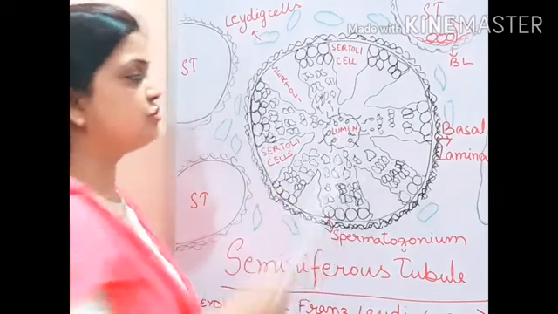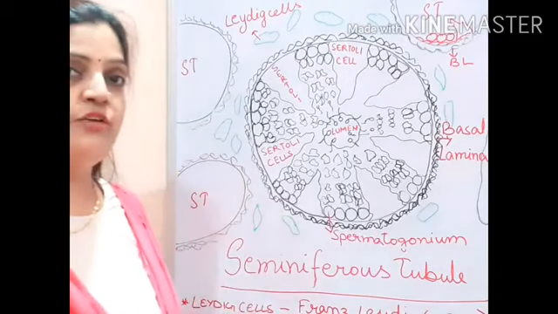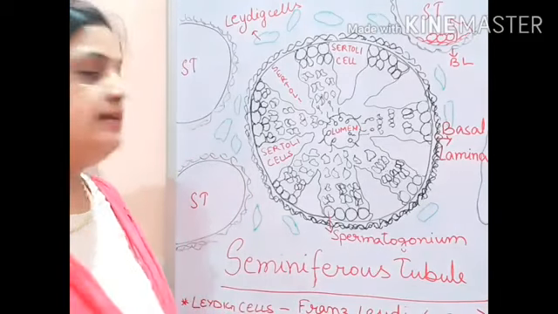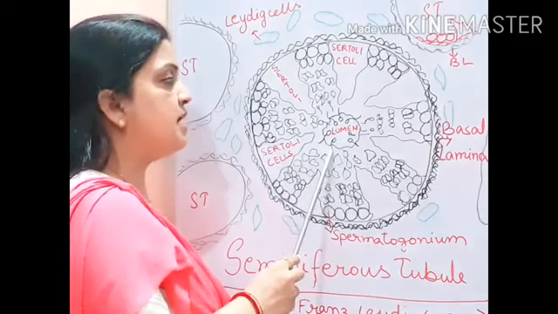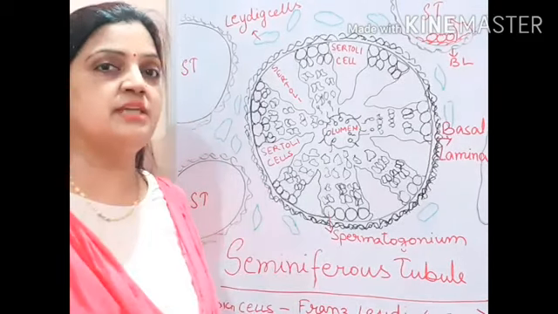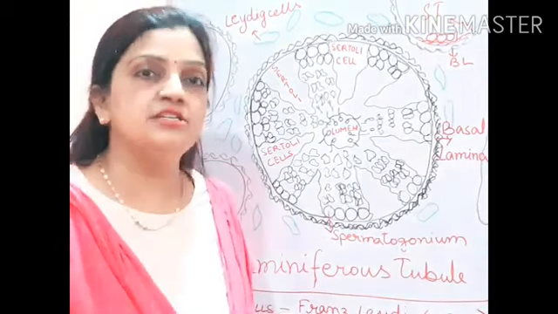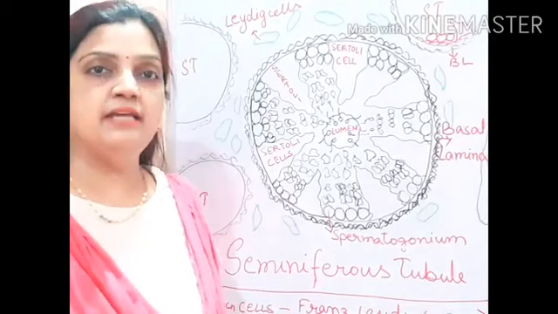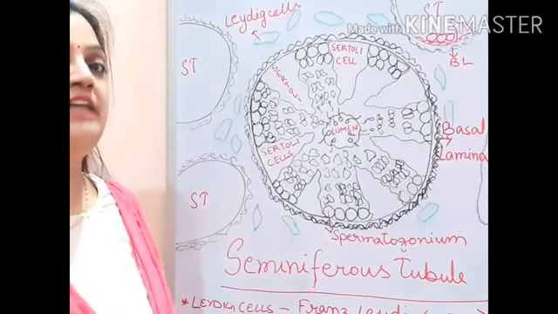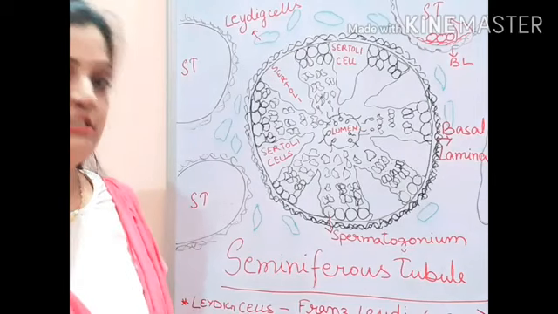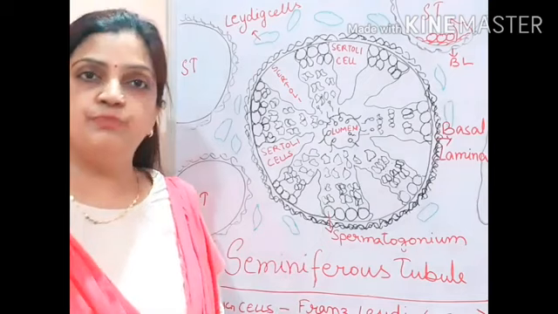After the development of sperms inside the seminiferous tubule, when these sperms are released into the lumen, the process is called spermiation. Spermiation is the process by which developed, mature sperms are released into the lumen of the seminiferous tubule.